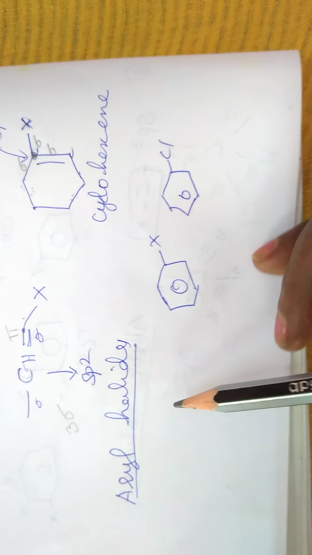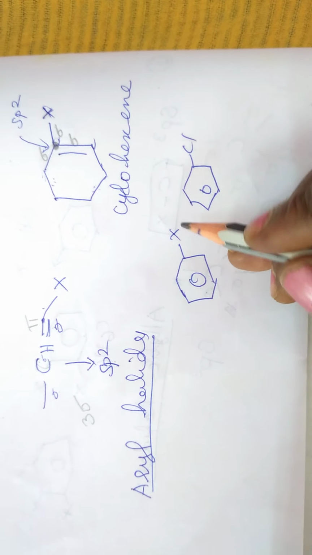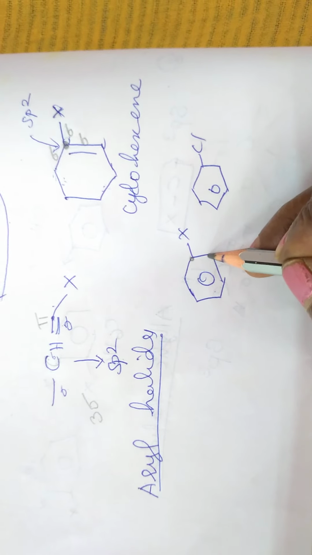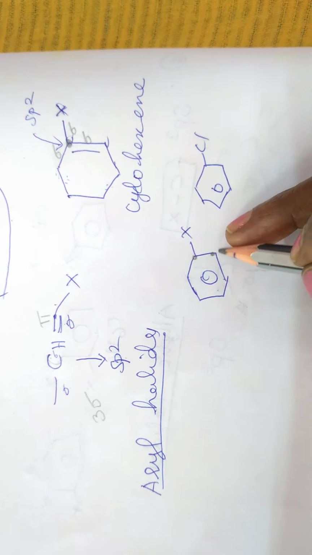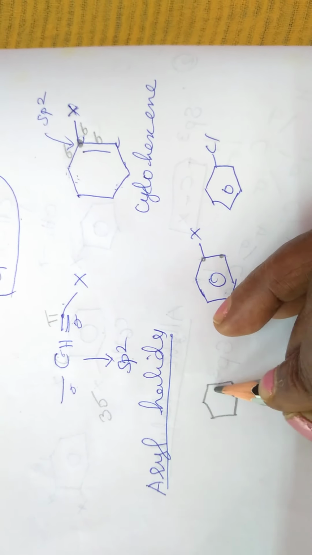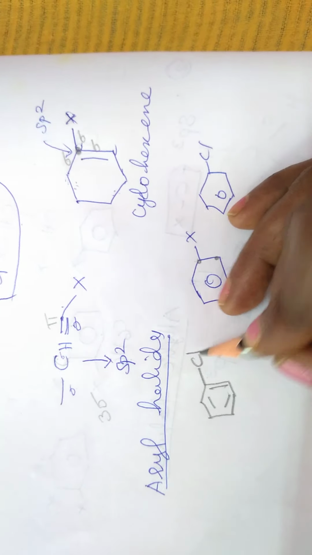Let me come to aryl halides. In this, the halogen is directly attached with a carbon-carbon double bond. Let me have a benzene ring with alternating double bonds drawn here. Halogen, chlorobenzene.